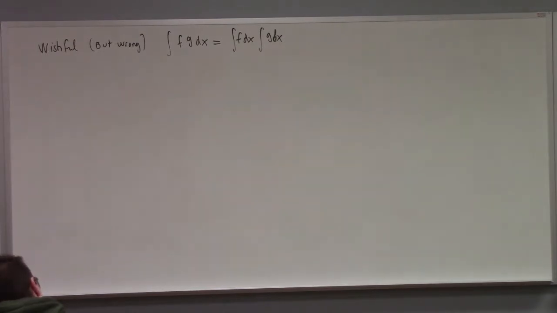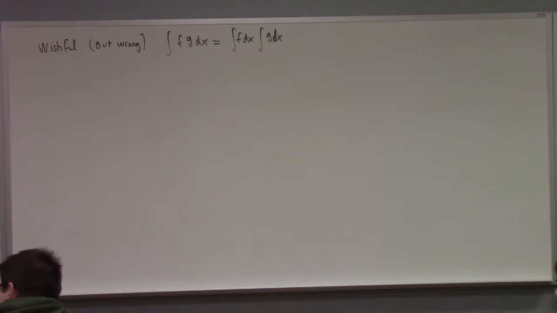Just like for derivatives, right? Is the derivative of x times sine the derivative of x times the derivative of sine? You know it's not, right? We have to do the product rule. And so integration by parts is the natural analog of the product rule for integrals. Like everything else with integrals, it's a little bit trickier. I think of differentiation being pretty straightforward.